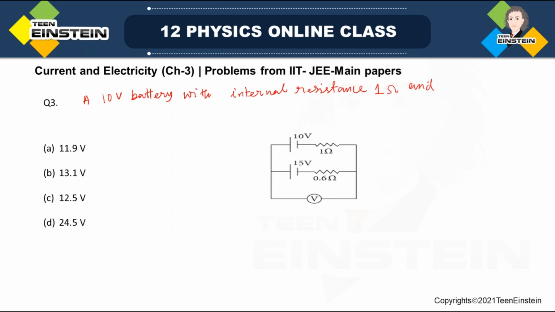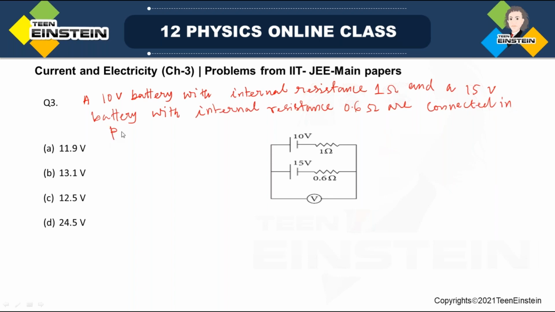and a 15 volt battery with internal resistance 0.6 ohm are connected in parallel as shown in the figure, connected in parallel to a voltmeter.